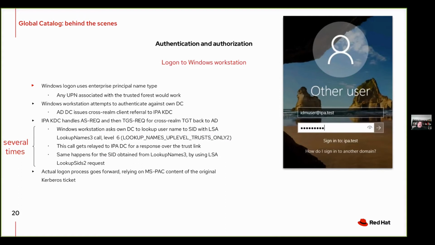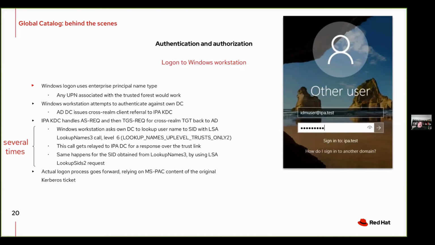So the Windows workstation will try to authenticate against its own DC. That DC will issue a cross-realm referral to IPA, and then IPA gets the actual AS request to get a ticket granting ticket from the Windows system, and then that system will ask for a service ticket, actually a cross-realm TGT, to talk back to itself.